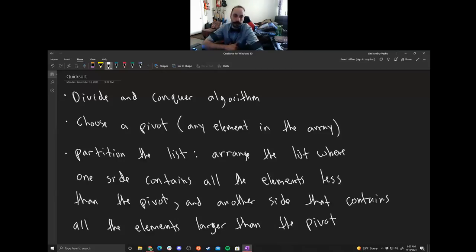But that's all we're going to have to do. We have to partition the list like this. So we pick our pivot, and we have to arrange our list in such a way where the left side will contain everything less than the pivot, and the right side will contain all the elements larger than the pivot. Once we do that, we essentially broke the list into two pieces.